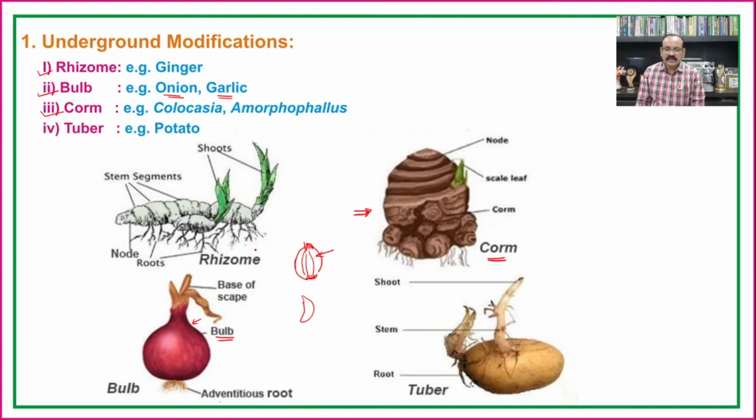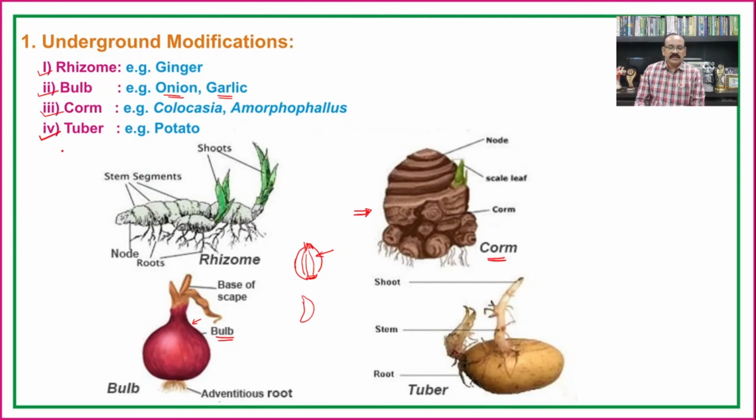The corm has distinct circular nodes and internodes, and it bears scaly leaves and axillary buds, which is the characteristic feature of the stem. The adventitious roots also develop from the base and all over the body of the corms. Usually the corms are found in Colocasia, Quercus, and the best example is Amorphophallus.